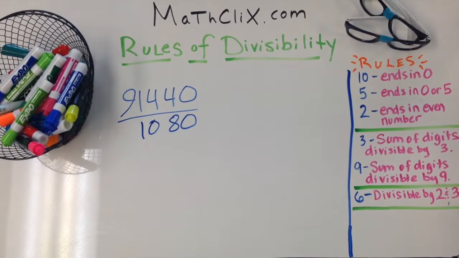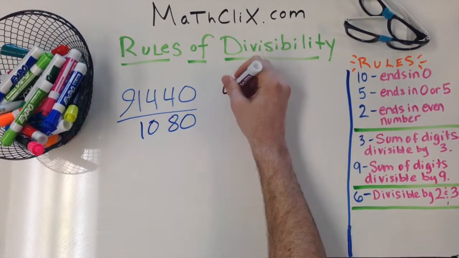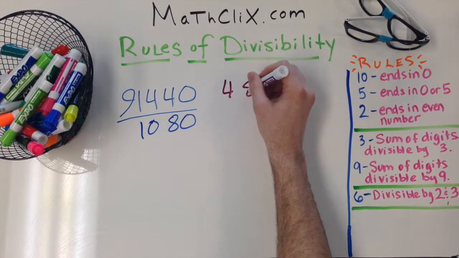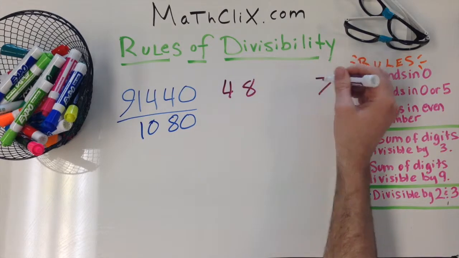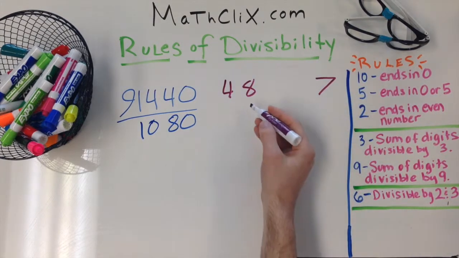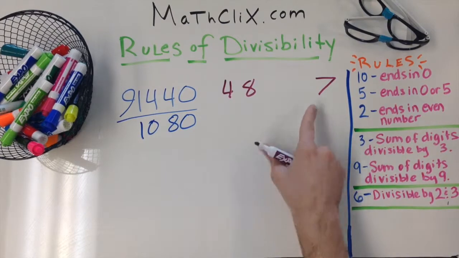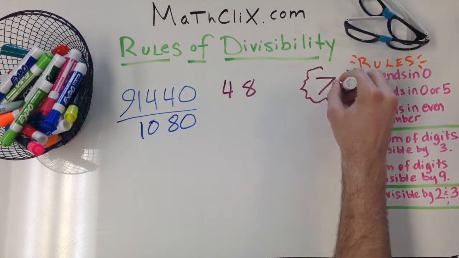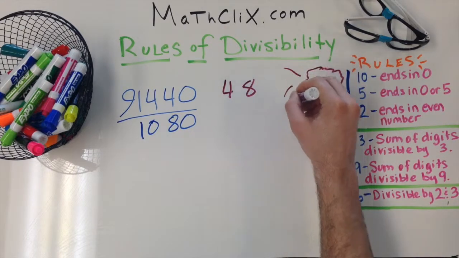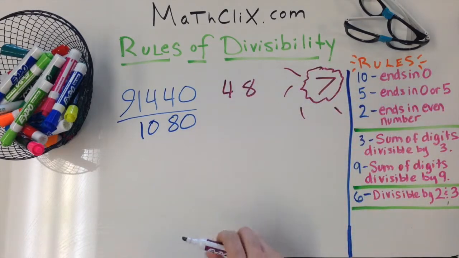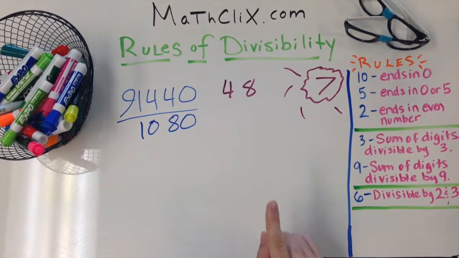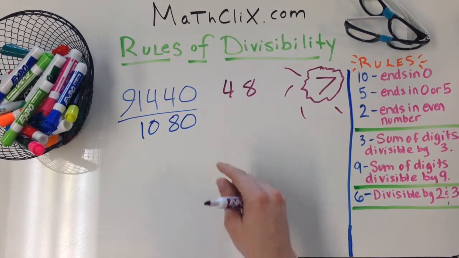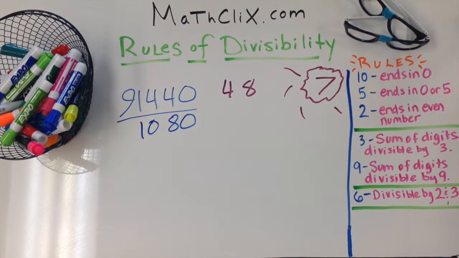So that leaves us with 4, 8, and 7. Well, 4 and 8 we have rules for. 7 is a mystery. It's a mystery. If you can come up with a rule for divisibility by 7, ye shall be famous. So, I'll leave it up to you, future mathematician, famous person.